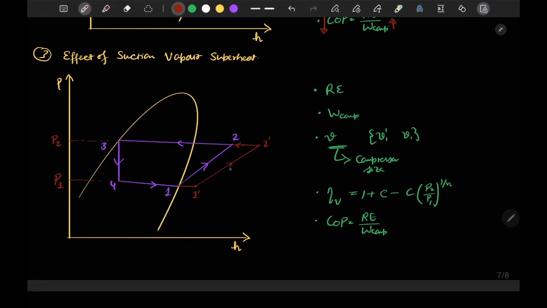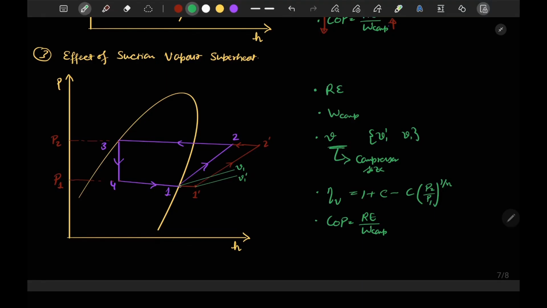Now we will see what these effects are. And one more thing, if we draw our constant volume lines in the superheated vapor region, this will be our V1. These are our constant volume lines, I mean specific volume V1, V1 dash.